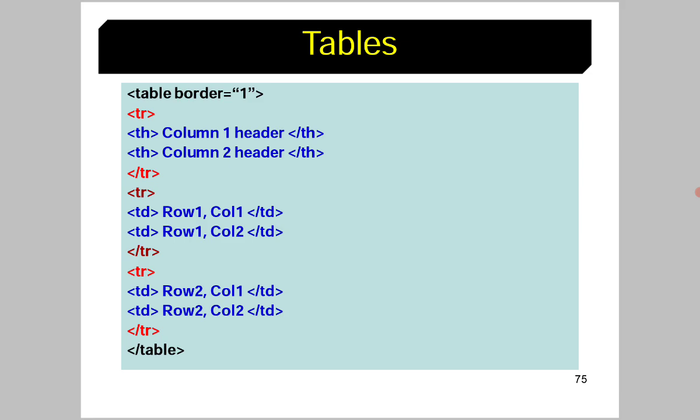There are 2 types of tags. The first command is the table tag. After that, immediately we may give some columns to a table, which are generally called table headings or table headers. So first of all, we write a table tag. After that, we write the tr tag.